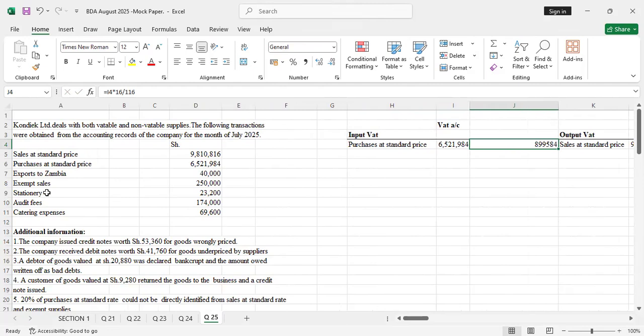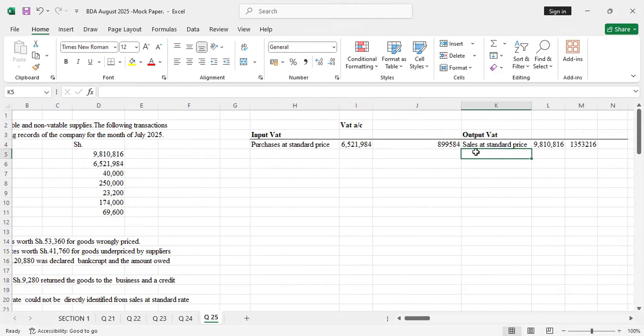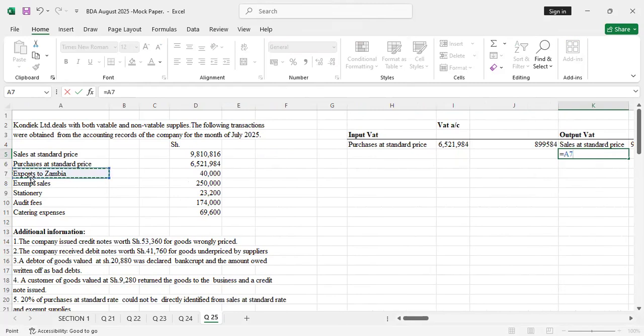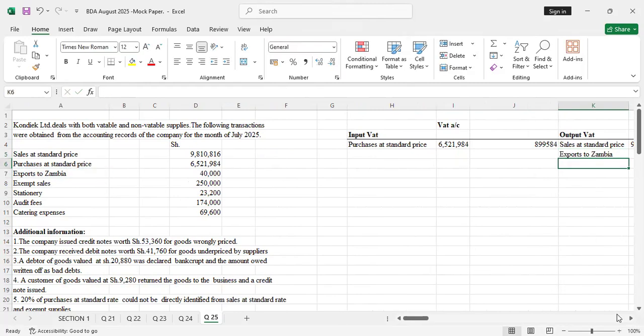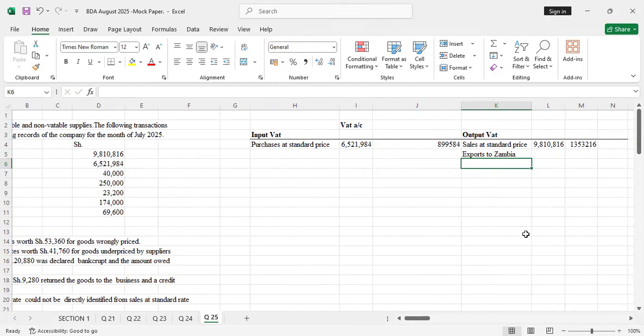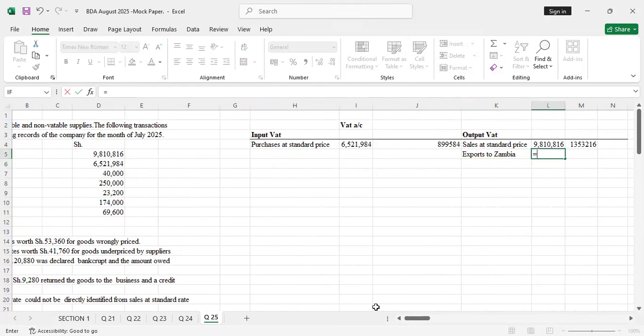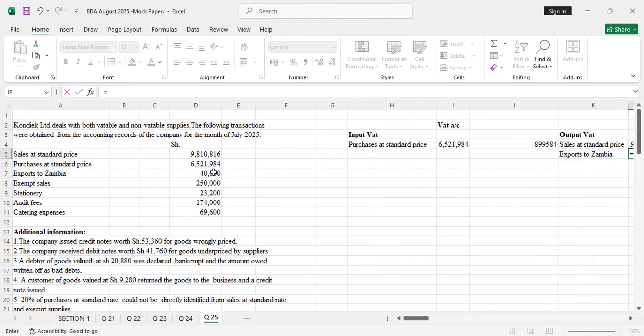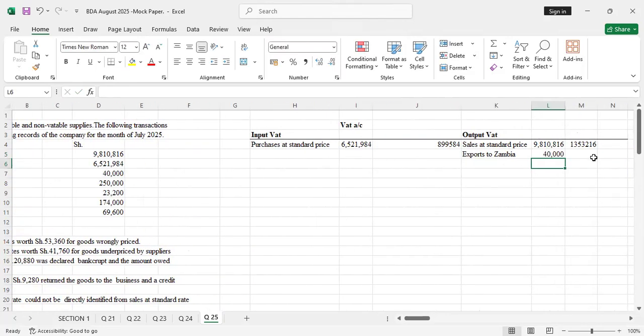Then we go to exports to Zambia. So exports are sales. Yeah, so we'll have them here under the output VAT. Those are exports, so exports at zero rated. Before we do that, we'll determine the amount for the exports, 40,000. But all exports are zero rated. So you take 40,000, you multiply by zero, and that will still give you zero.